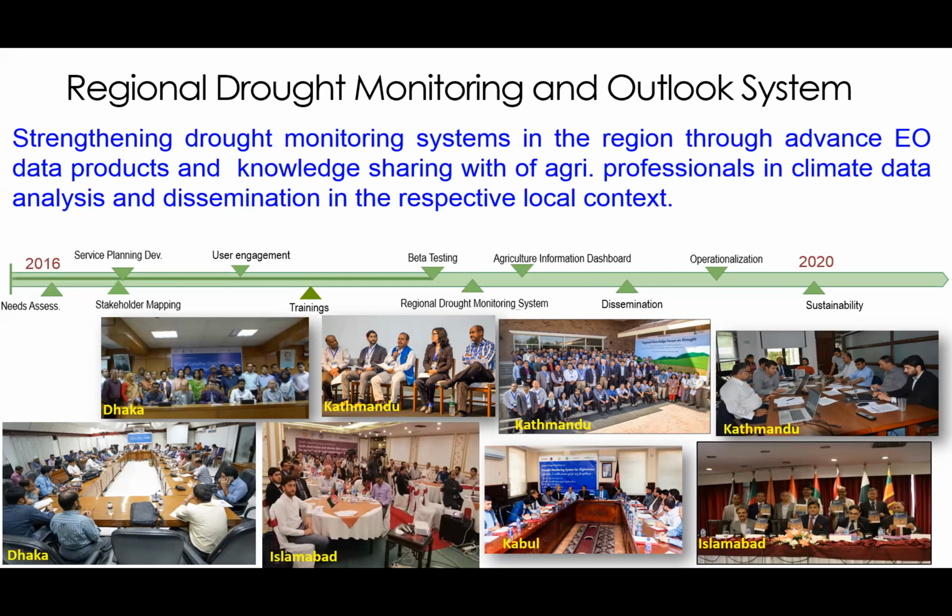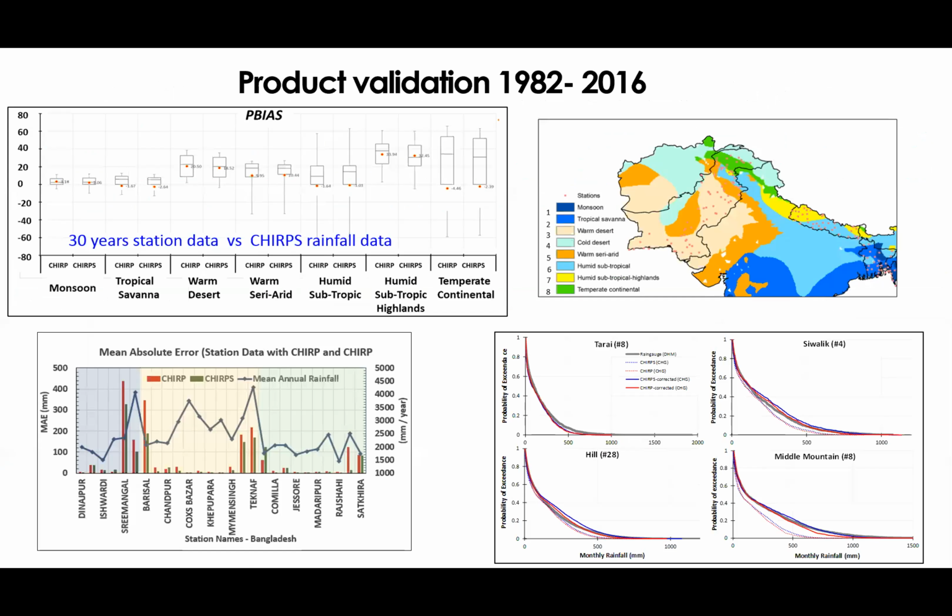So we engaged with national institutions, we looked at their requirements, and there are any number of indicators available, and then we synthesized with them which indicators are more important for those institutions to make their system operational. We look into satellite-based Earth observation data, and we look at its calibration or effectiveness against station data.